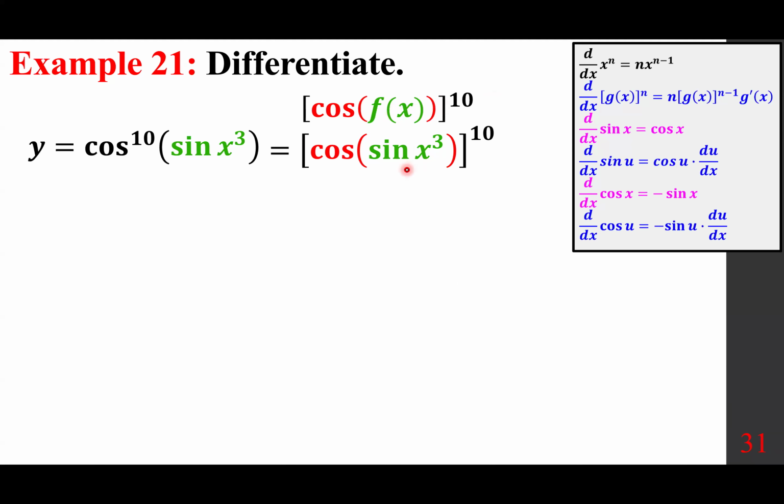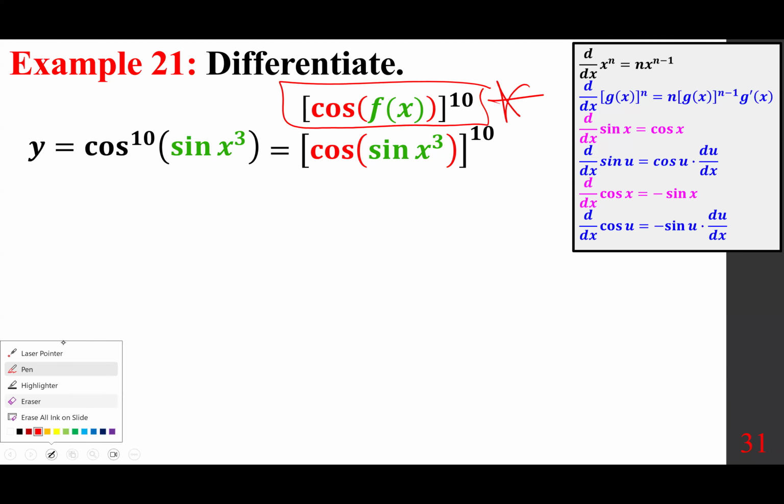So you are looking at this one, everybody. You want to differentiate this. So we are going to go with the extended power rule. So n, which is 10, then g of x to the power of n minus 1.